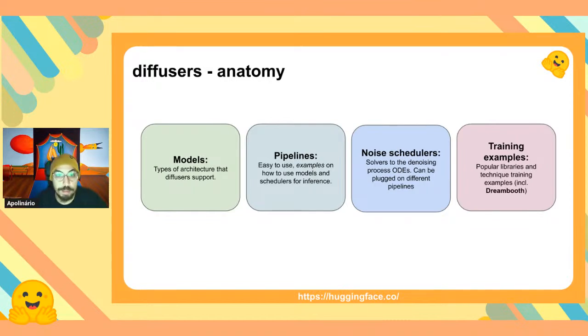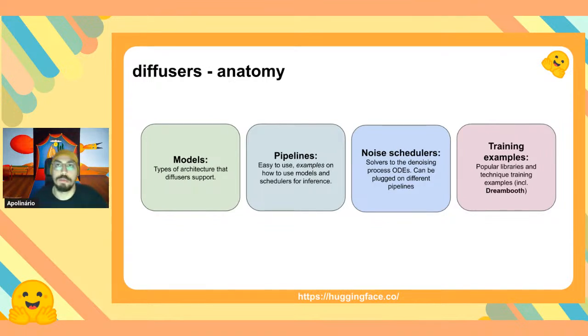And the pipelines are made to be more like examples. So they are made to be self-contained examples on how to combine models, like the UNet2D of stable diffusion plus the VAE plus the noise scheduler, and then using all of that together. So those are the ideas of the pipelines.